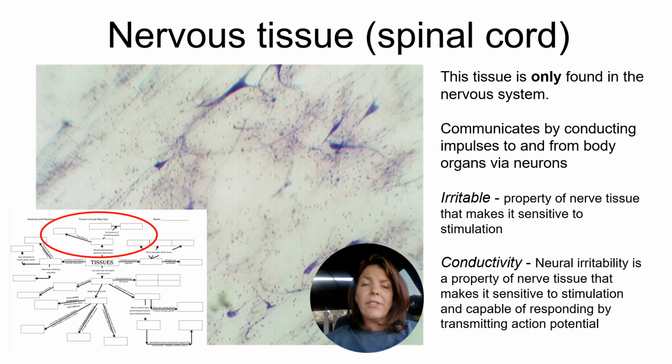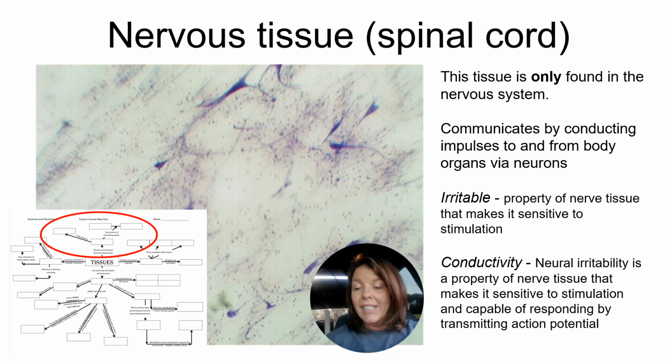The role of nervous tissue is really unique. It's able to conduct impulses that allow for communication. The 2 characteristics of nervous tissue that give it this function are its ability to be irritable. Now, we mostly think of irritable as a negative thing, but in this case, irritable means that it's allowed to be triggered.